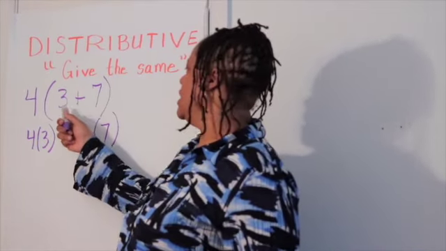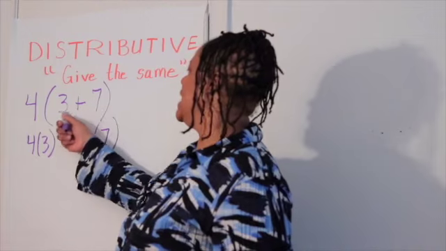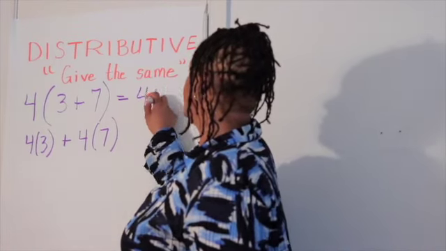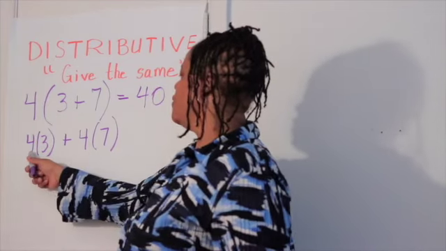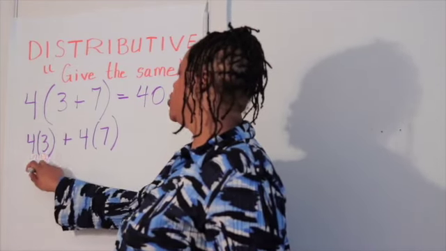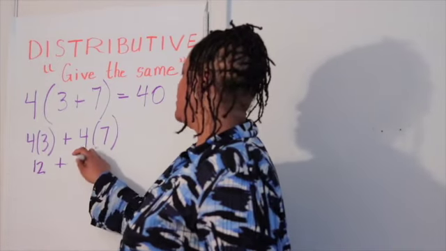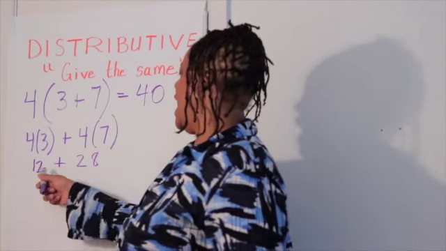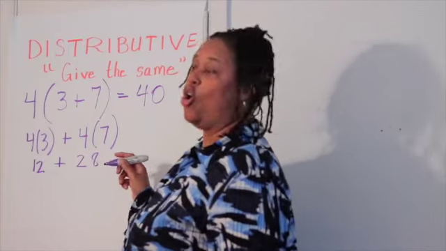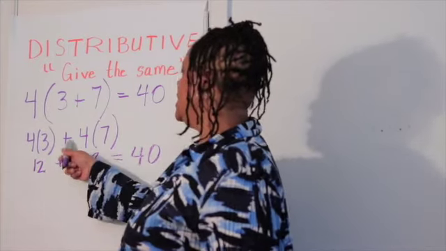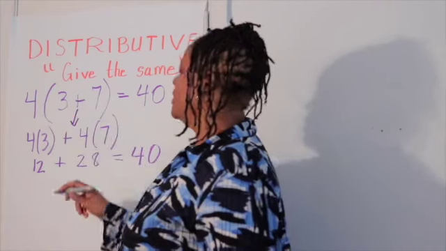So let's work it out. 7 plus 3 is 10 times 4 is 40. 4 times 3 is 12 plus 4 times 7 is 28, and 12 plus 28 is also 40. Please don't forget to bring down your sign.